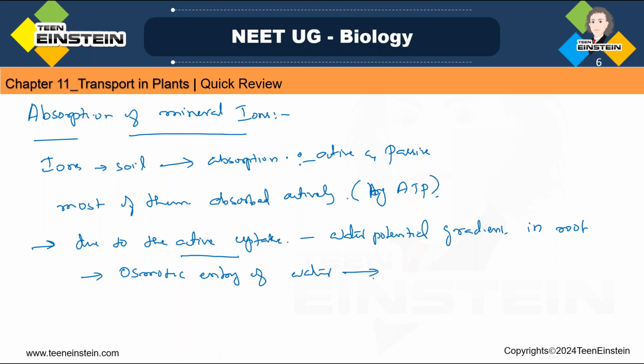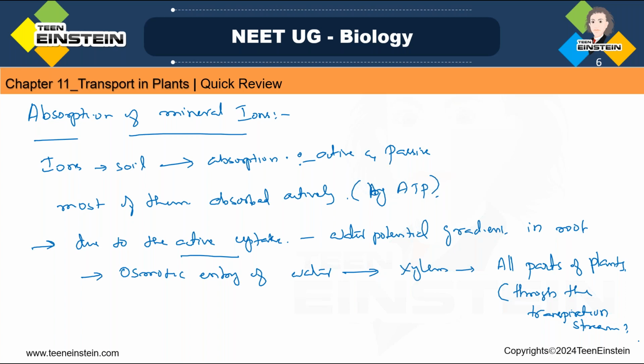Then it passes to the xylem, and after reaching the xylem, it is transported to all parts of the plant, up to the stem through the transpiration stream. Okay.